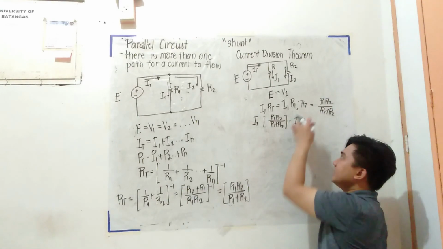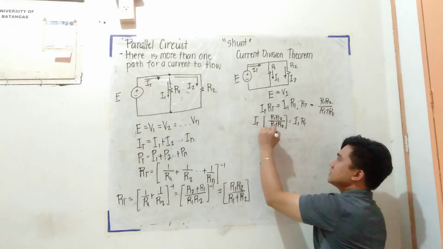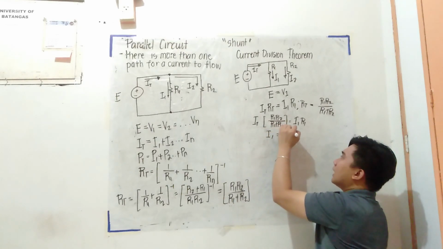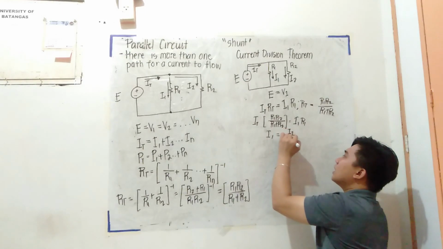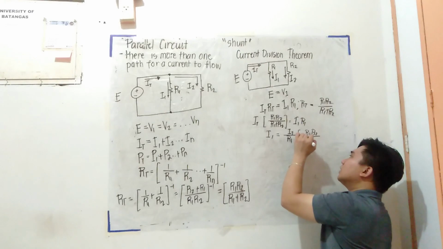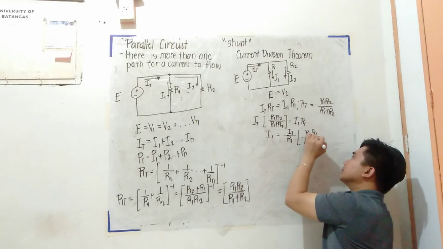To get I1, i-divide ko to dito. So, I1 is equal to I total over R1 times R1, R2 all over R1 plus R2.